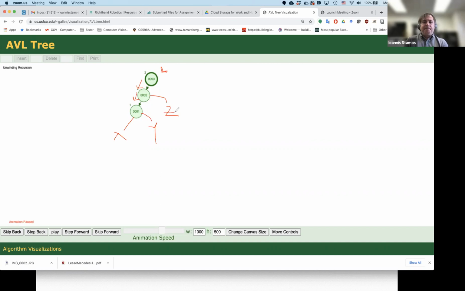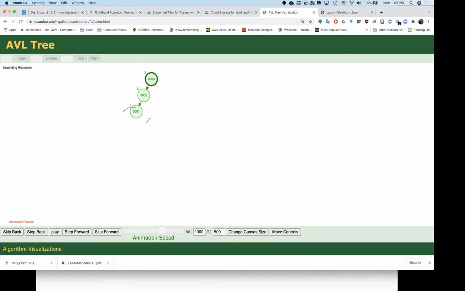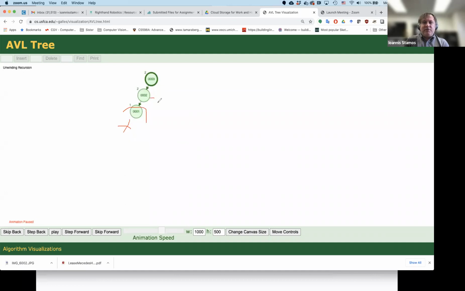Actually, no, I'm sorry, I made a mistake. It's the same as before. This is the X, this is the Y, we have 3 nodes, and this is the Z, and Y and Z happen to be empty.